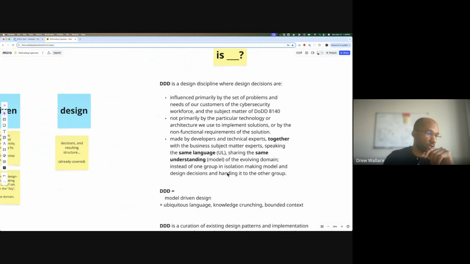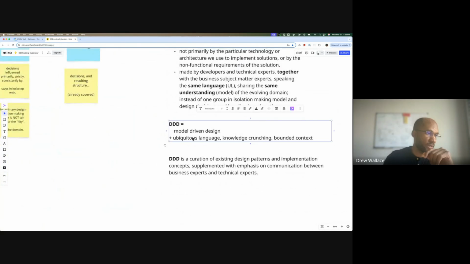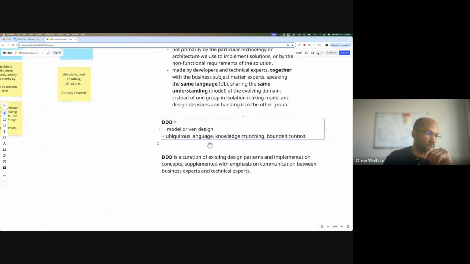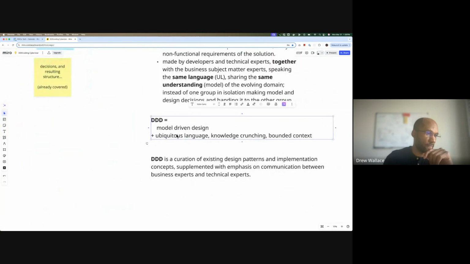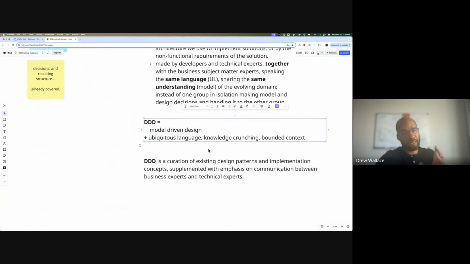I won't read through all of this, but I will point this one out. DDD, right? So if we broke it down, it's model-driven design, which is another discipline based on the model. So we understand what domain-driven is. Model-driven is going into a different discipline.